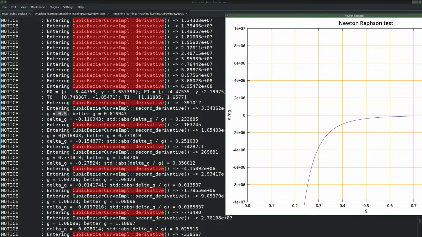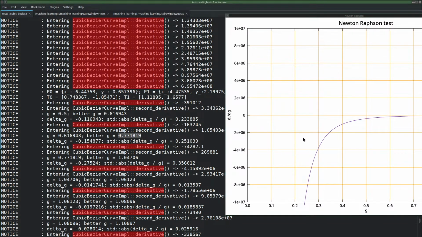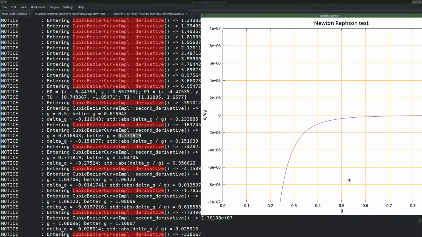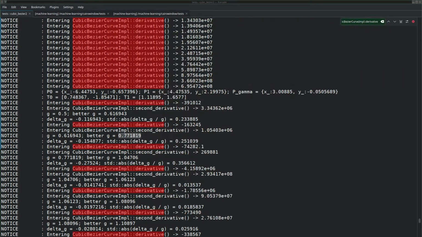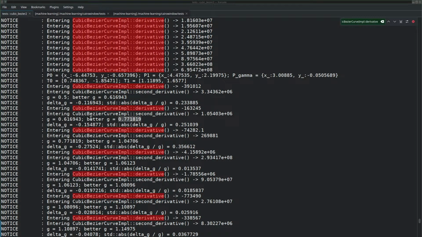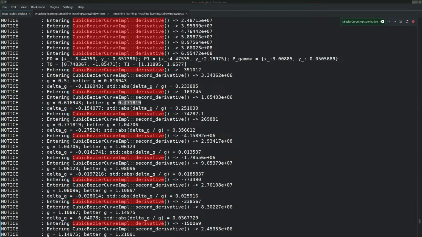Then we enter that one, and then it hits in 0.77. So nothing wrong there. And then we repeat it, and we should get closer and closer to this 0.9 value. But apparently not, because dang, here it goes wrong.